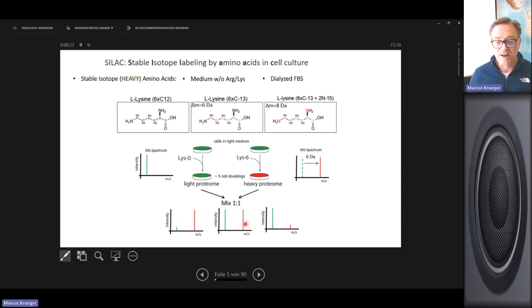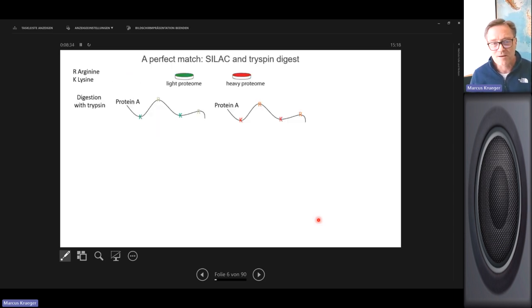Good. So that's basically the idea of SILAC, and that's actually it. If you have understood that system, then you might do this experiment and use this technique for yourself. Okay, and why is SILAC on trypsin digestion a perfect match?